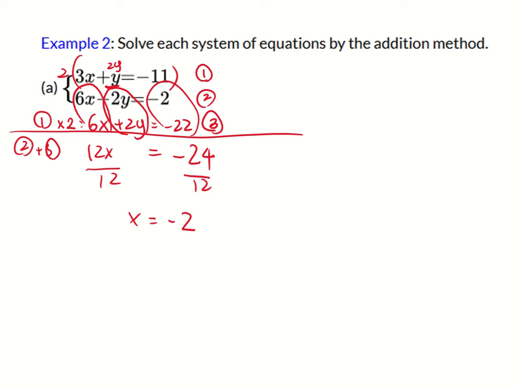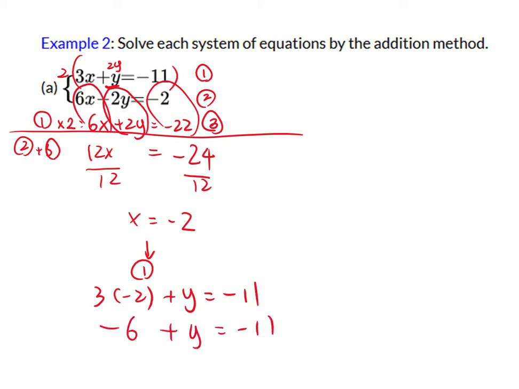Okay, now solve for y. You can plug in x equals negative 2 in either equation 1 or equation 2. I'm going to plug it into the original equation 1. That will give me 3 times negative 2 plus y equals negative 11. So negative 6 plus y is negative 11.